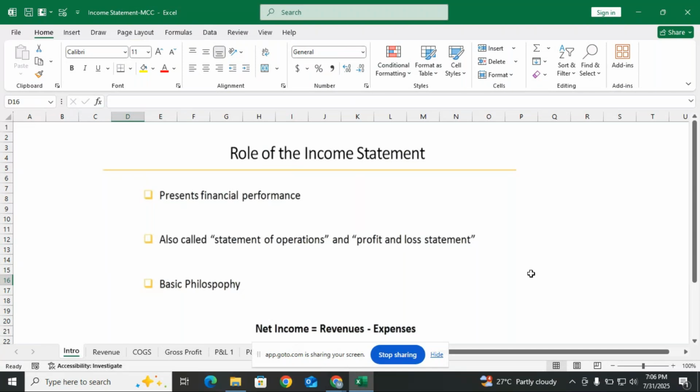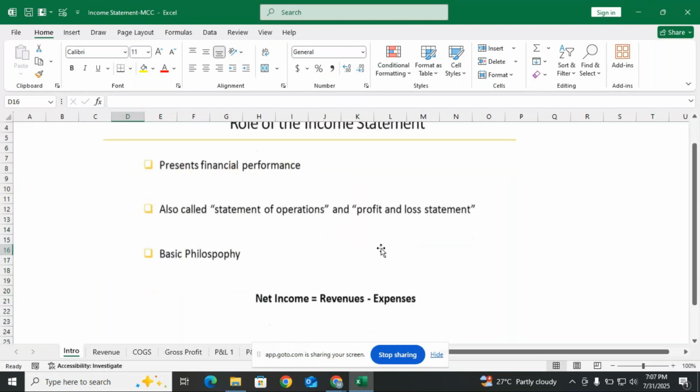This income statement is also called the statement of operations and the profit and loss statement, where you arrive at the net earnings available. And this income statement is the basic philosophy. Just give me 2 minutes.